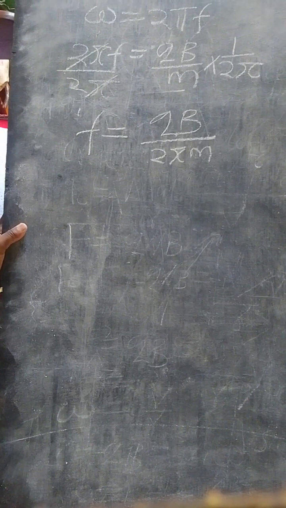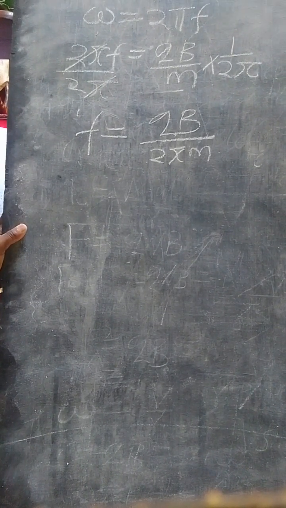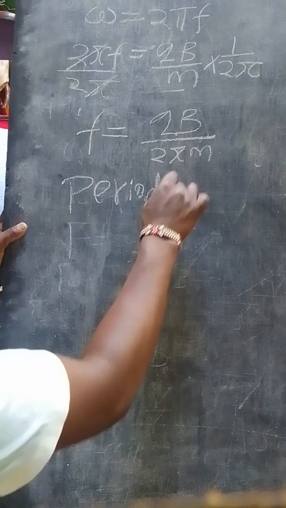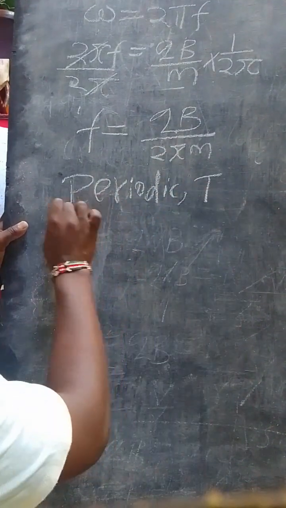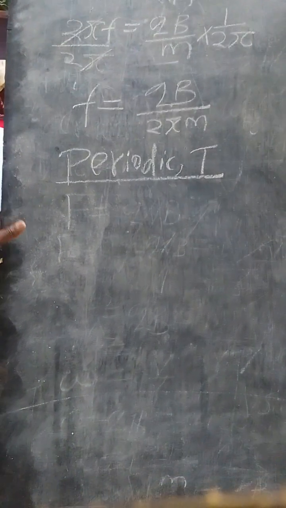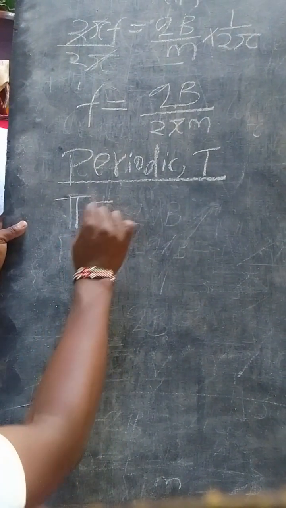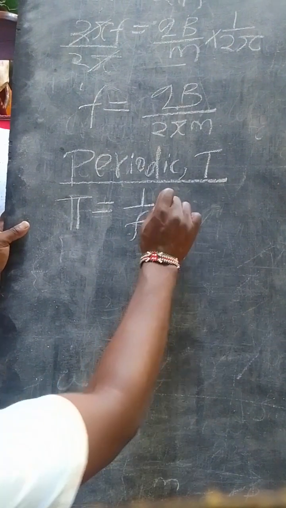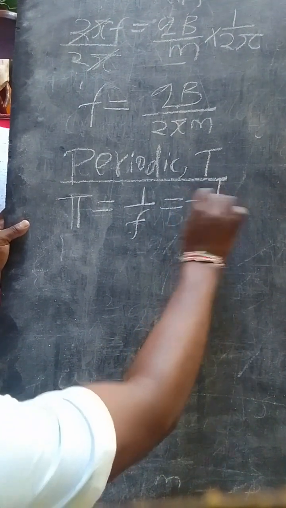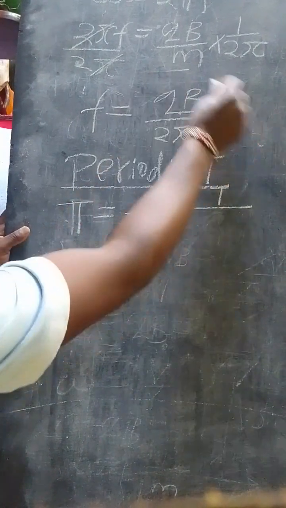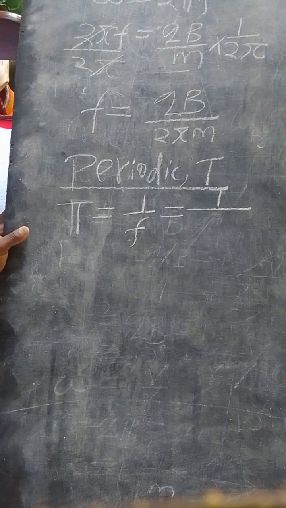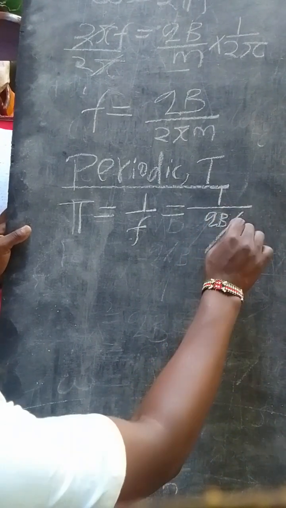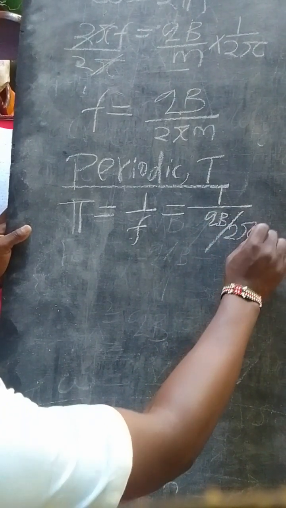That is the number of oscillations that particle will make in a second. We call it the periodic time, normally represented by T. Now, periodic time is normally equal to 1 over f. That is 1 over frequency. Remember, frequency we said here is QB over 2πM.